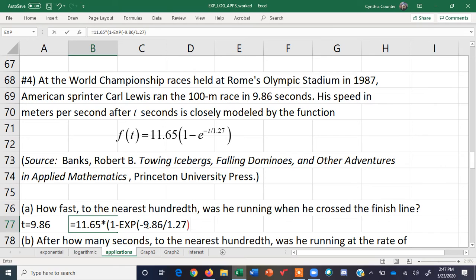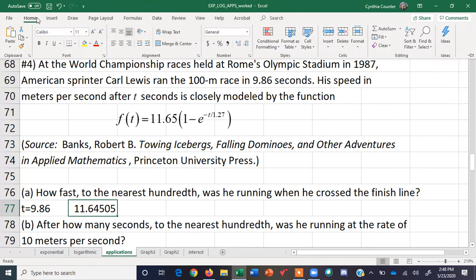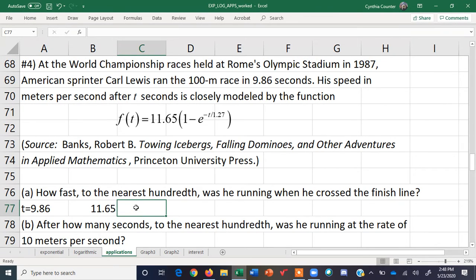Now, this second set of parentheses is for this exponent. To close this parenthesis, I need another one, so double close there. 11.64 meters per second. We want to the nearest hundredth. We will round that by going to Home, Number, taking it down, whoops, too many, 11.65 meters per second.